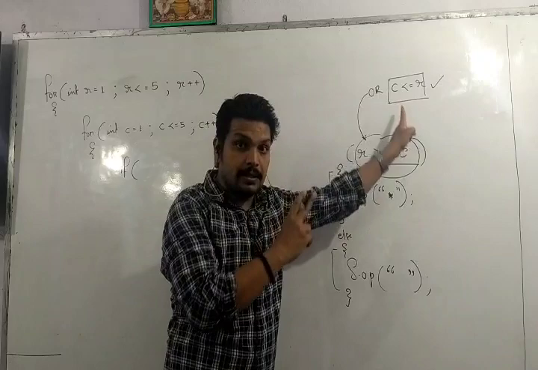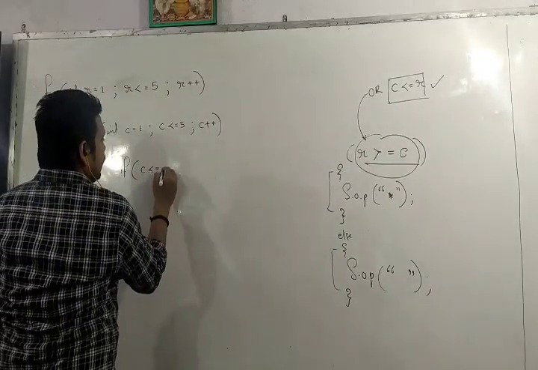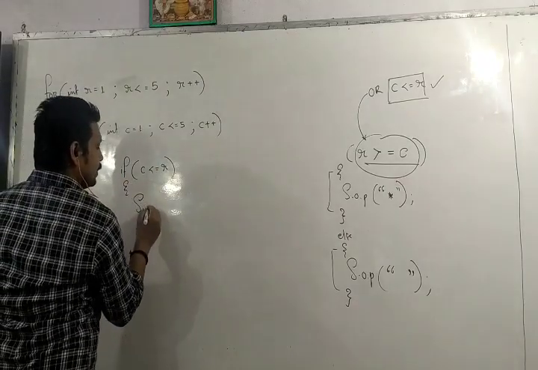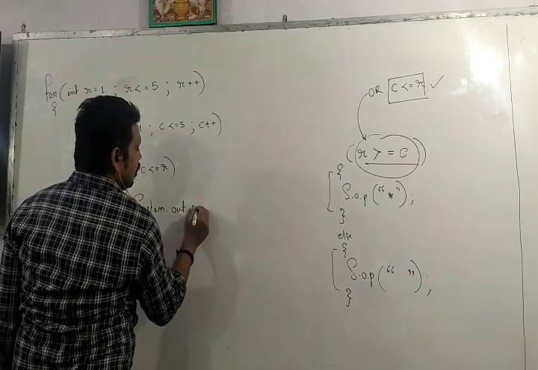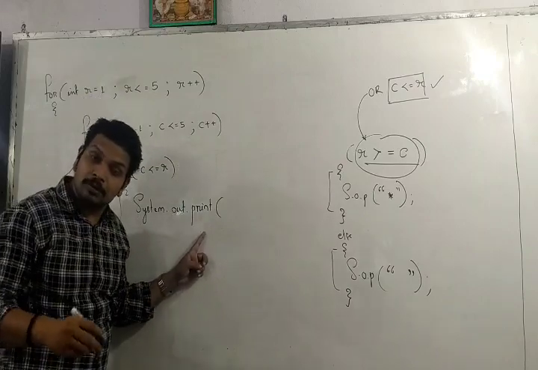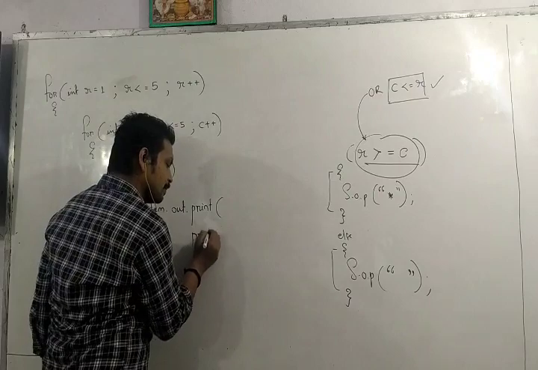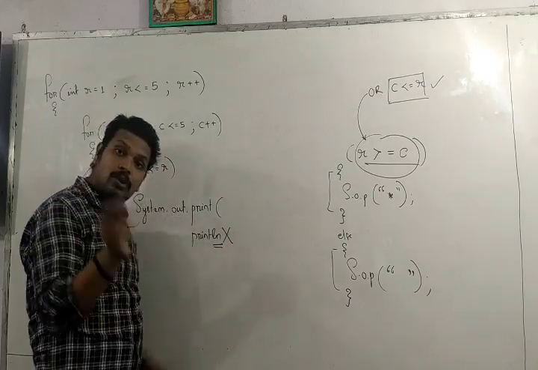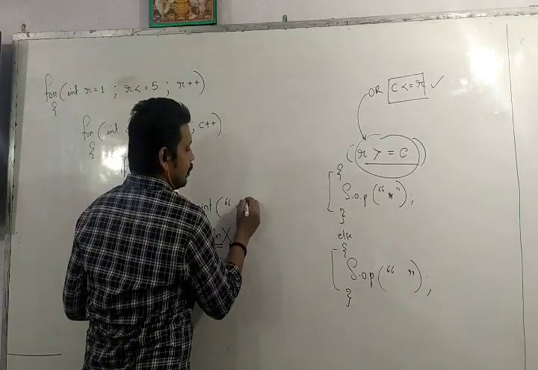So I am taking this: C less than or equal to R. If C is less than or equal to R, I will write here system dot out dot print, not println. Don't write println. System dot out dot print, and what? Star.